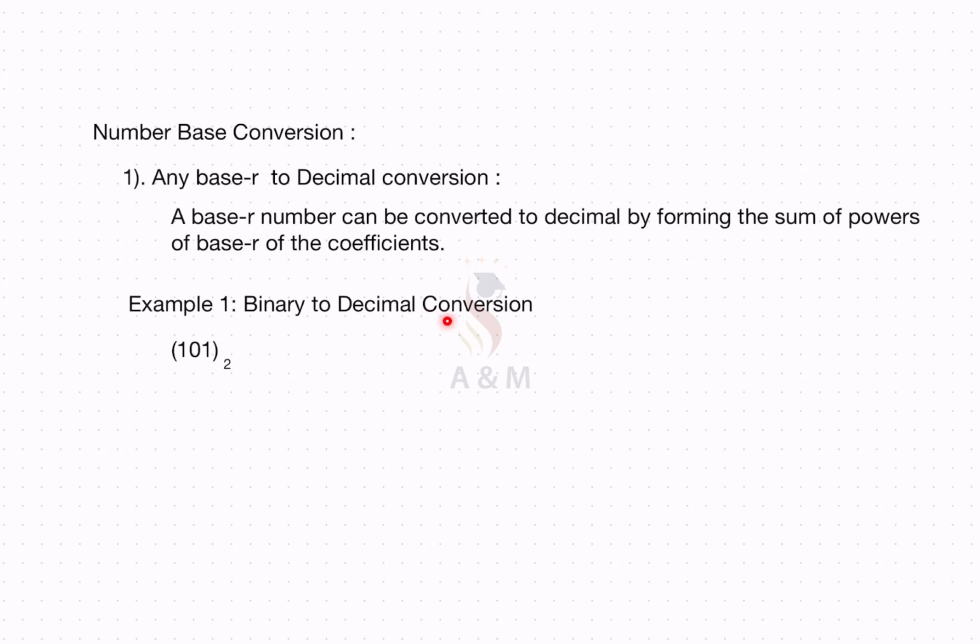Example, binary to decimal conversion. 101 to the base 2 is equal to 1 into 2 to the power 2 plus 0 into 2 to the power 1 plus 1 into 2 to the power 0, where 1, 0, 1 represent the coefficients. 2 represents the base and the powers represent the position of each coefficient, which is equal to 1 into 4 plus 0 into 2 plus 1 into 1.